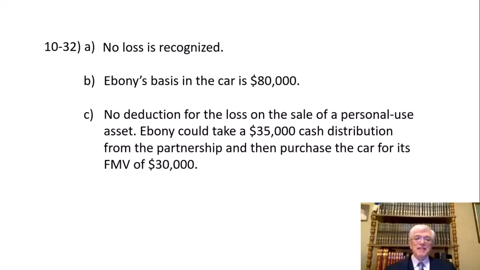That's certainly true if Ebony just happens to have another business lying around that needs a car but doesn't have one. That seemed to me to be a bit of a stretch, so I didn't enter that. I thought my idea of taking the $35,000 cash distribution followed by a purchase of the car for fair market value of $30,000 sounded to me like a better idea.